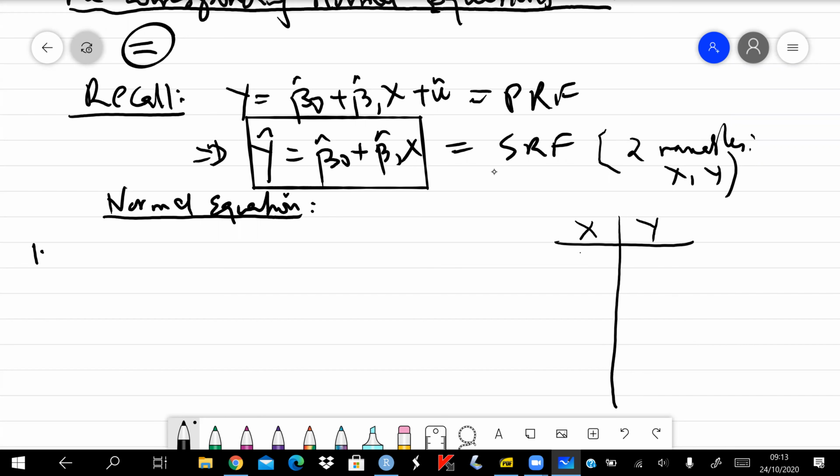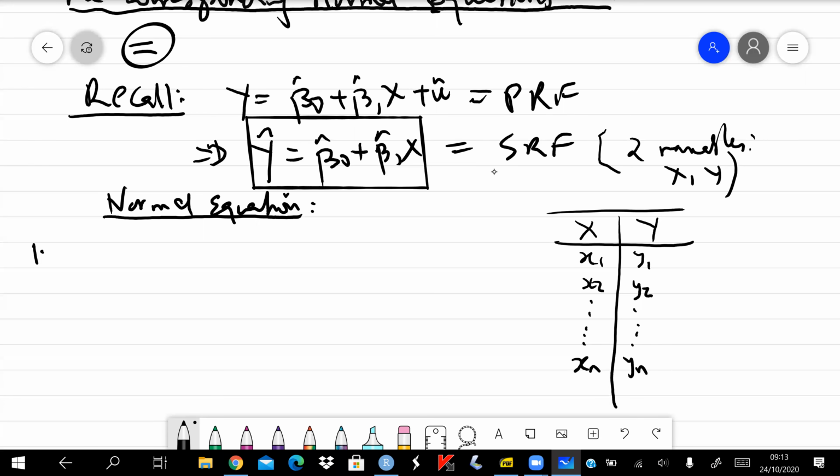Here we have x1, x2, and we're assuming the size of the sample is n, so we have n values of x, and we also have n values of y. If I were very strict on the notation, I'd have a y and an i here, but I'm choosing to keep it simple.